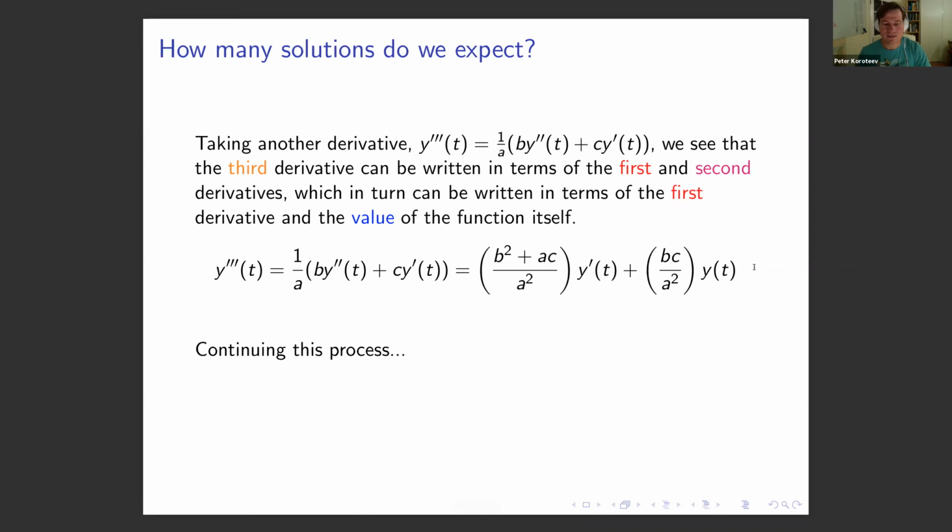And then you can keep going. You can continue iterating so that we can recover all higher derivatives in t from just the function and its first derivative.